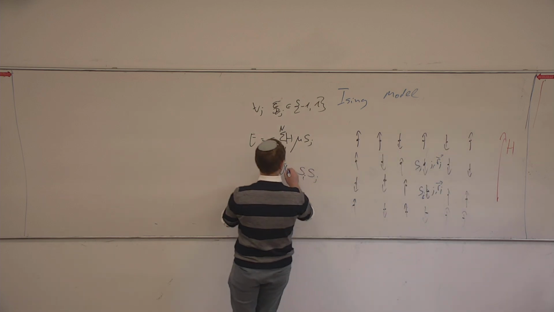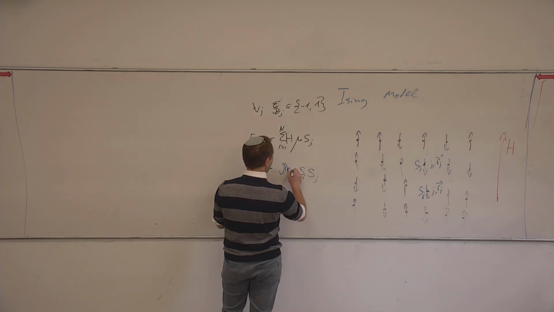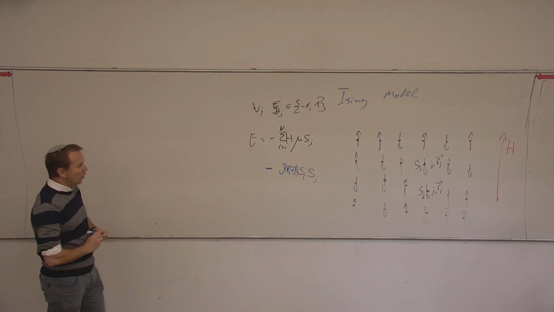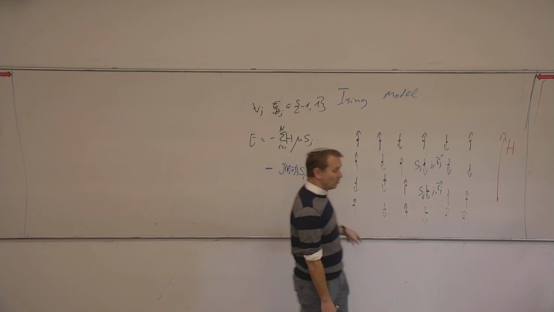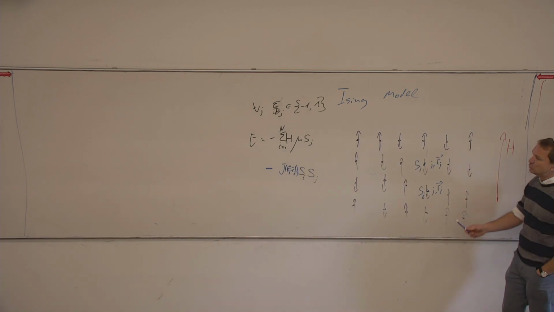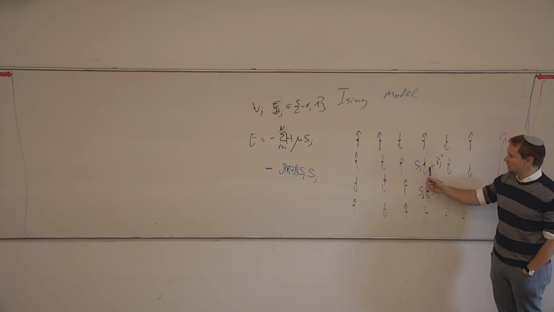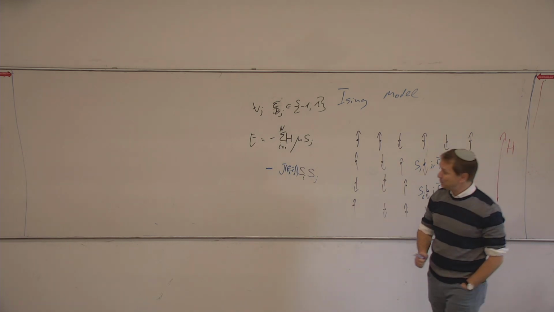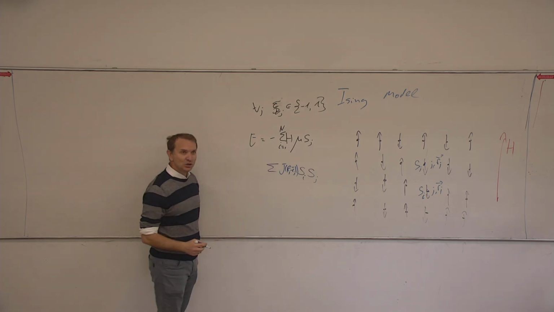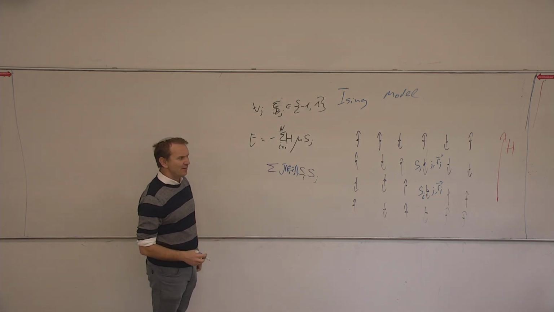So here we have J of Rj minus Ri. We assume that it only depends on the position, or the distance, between them. Now, of course, we don't want to look only at one specific interaction between two specific spins. We perform a summation over all the spins that we have in our system.